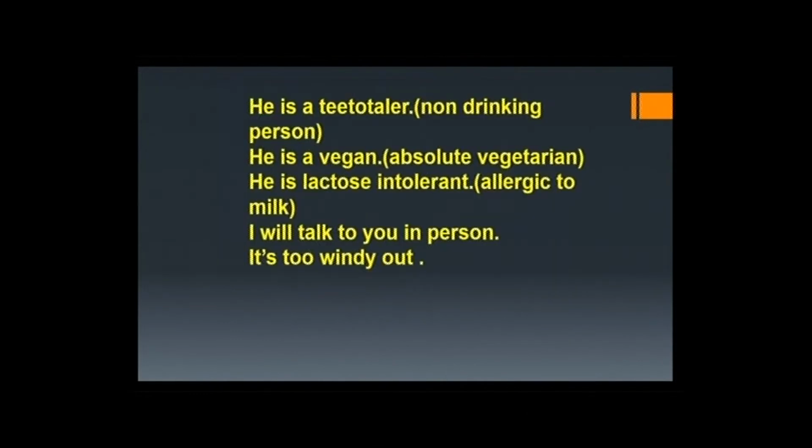Now some of the sentences that we use in our layman language in our day-to-day life. He is teetotaler, because generally we know a very common word: he is drunkard, he is dead drunkard, ठीक है. वो बहुत ज़्यादा ड्रिंक करता है, वो बहुत ज़्यादा अल्कोहल इनटेक करता है, so he is dead drunkard, पूरा शराबी है.